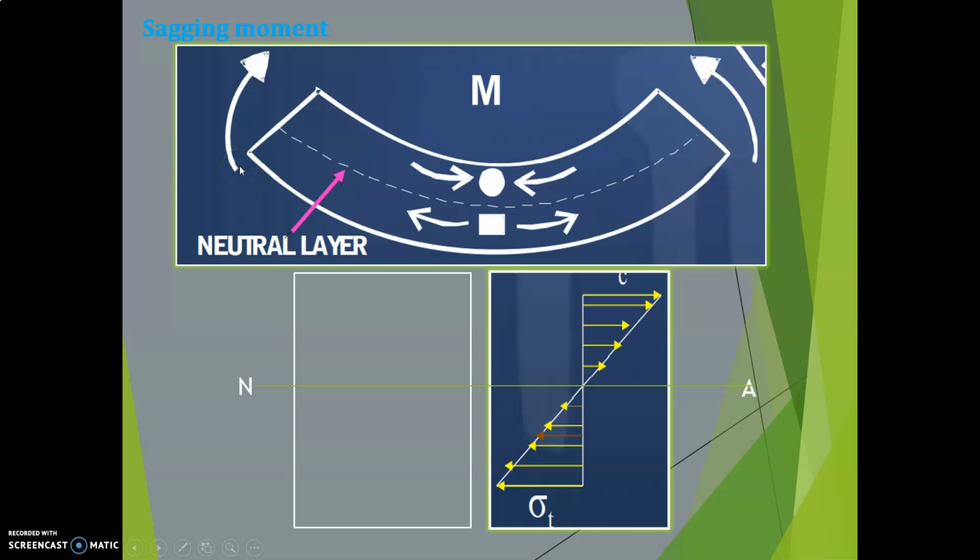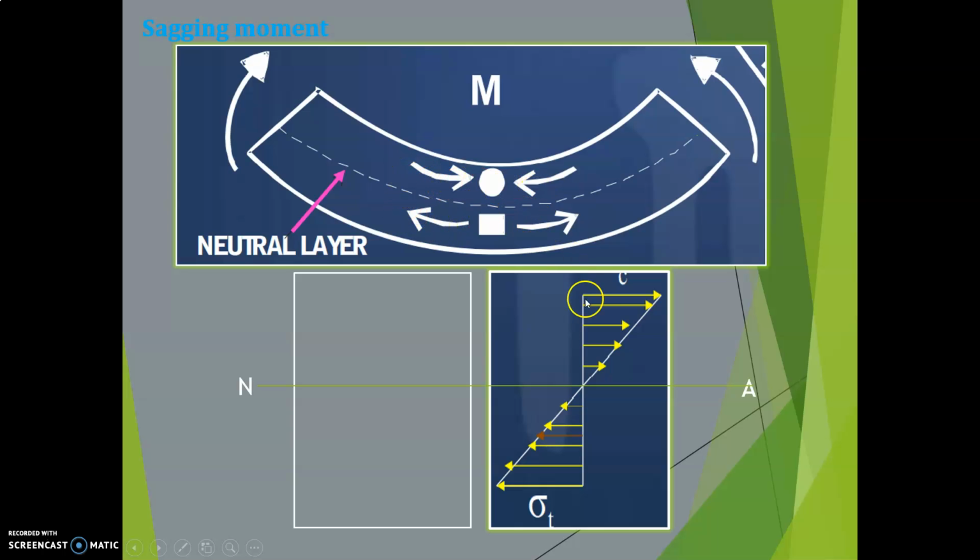Now we'll see what is sagging moment and hogging moment. I've already explained this in the shear force and bending moment calculation. Here you can see that when you apply the moment on both sides, the beam bends like this. The top layer is compressed and the bottom layer is stretched, so the arrow mark is shown like this.